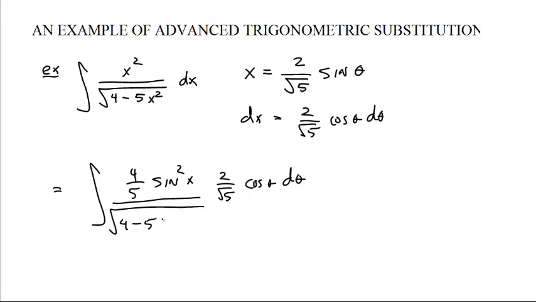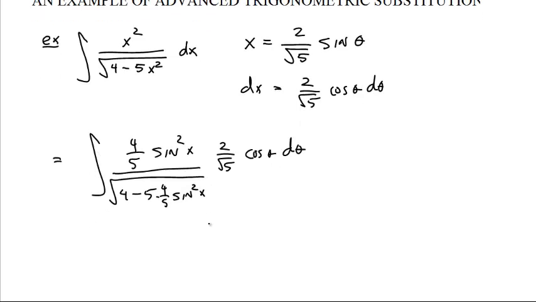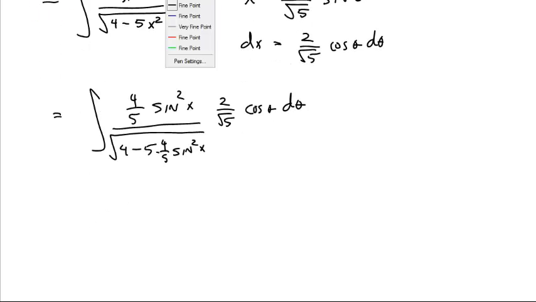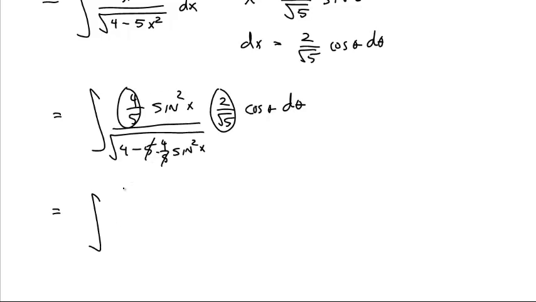We've just written x squared, that is 4/5 sine squared of theta. Now those 5's go away. We can factor out a 4. And so we have, I'm going to take this and this out front and get 8 over 5 root 5. Up top we have sine squared theta.